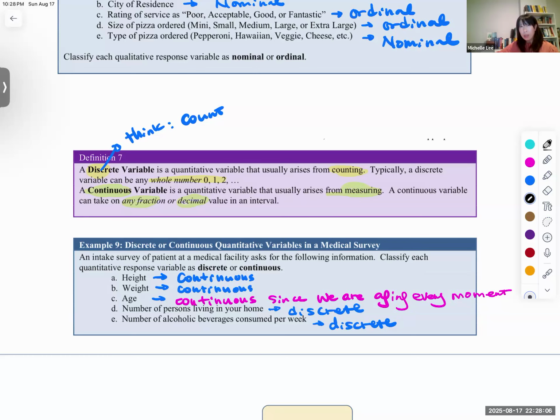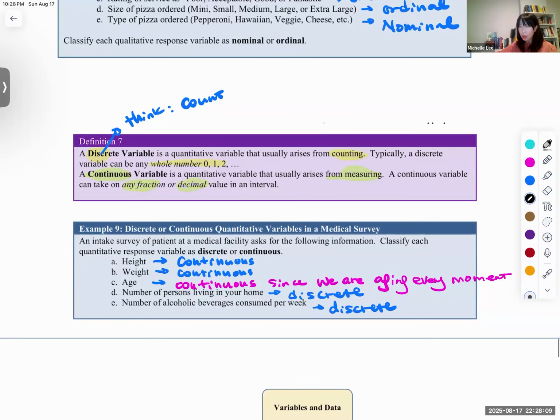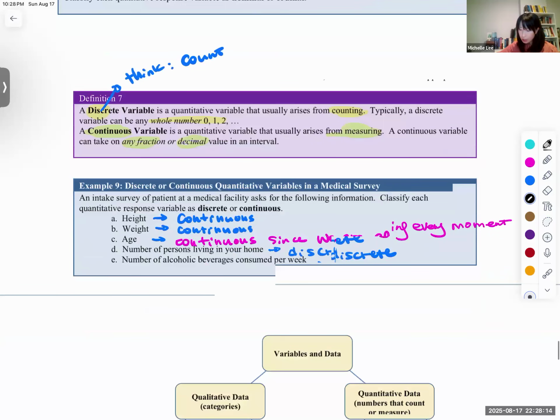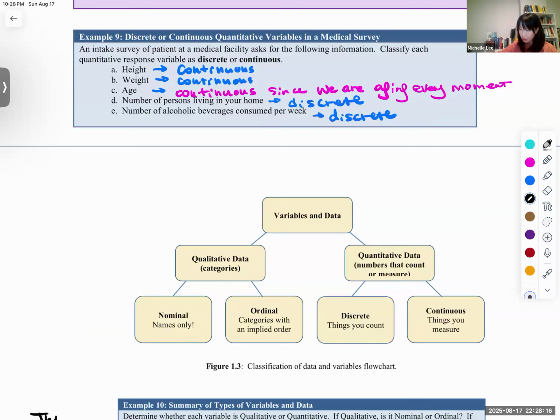All right, so overall, what we learned about variables and data: we have qualitative data, which we can also call categorical data, and quantitative data, which are numbers that count or measure, right? In the qualitative, or categorical, data we have nominal and ordinal.